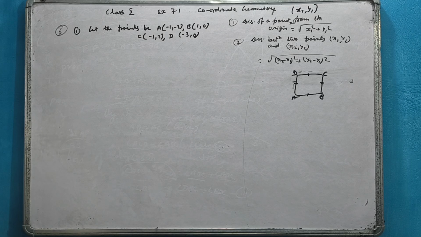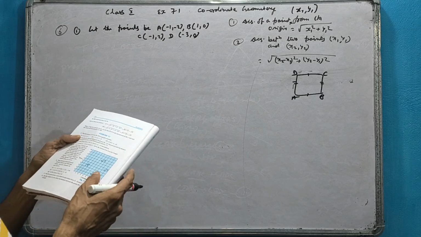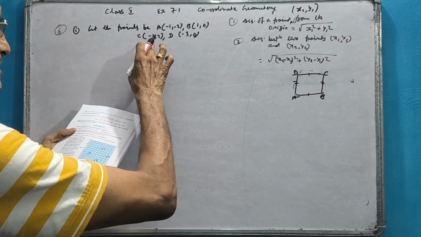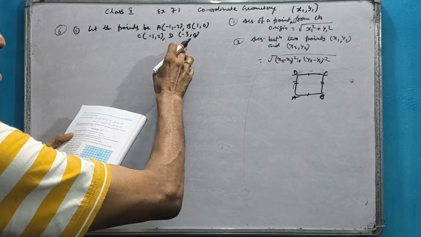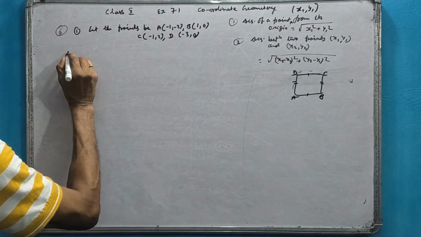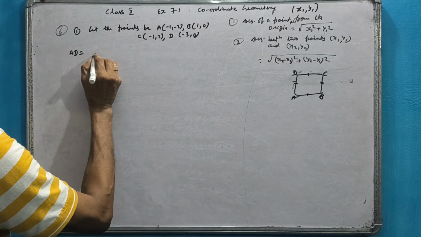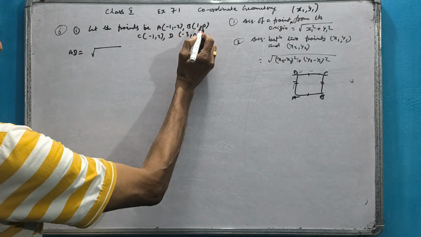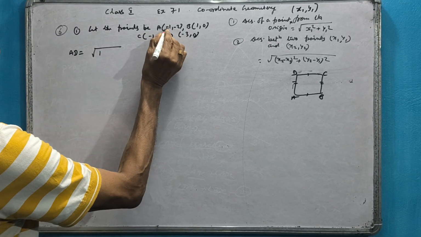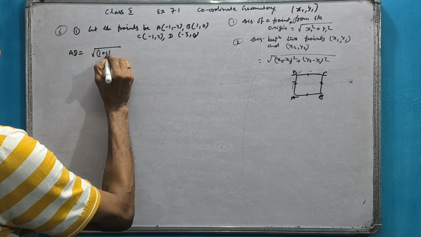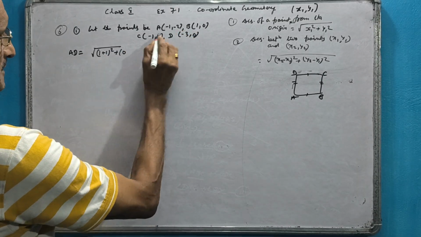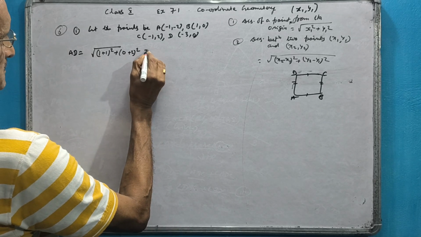So we have been given four points: (-1, -2), (1, 0), (-1, 2), and (-3, 0). We name the points ABCD. So you can find AB, the distance between the points A and B. What is the formula? x2 minus x1, so x2 is 1 minus (-1), whole square, plus y2 minus y1, 0 minus (-2), it will become plus 2 whole square.